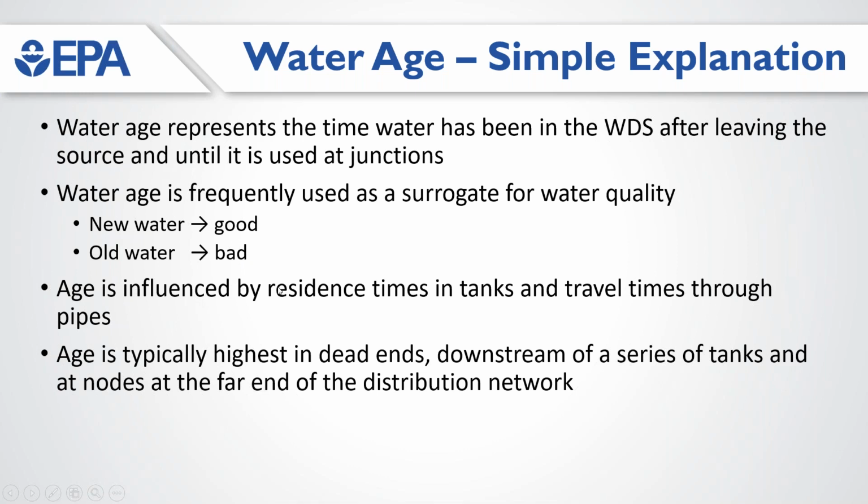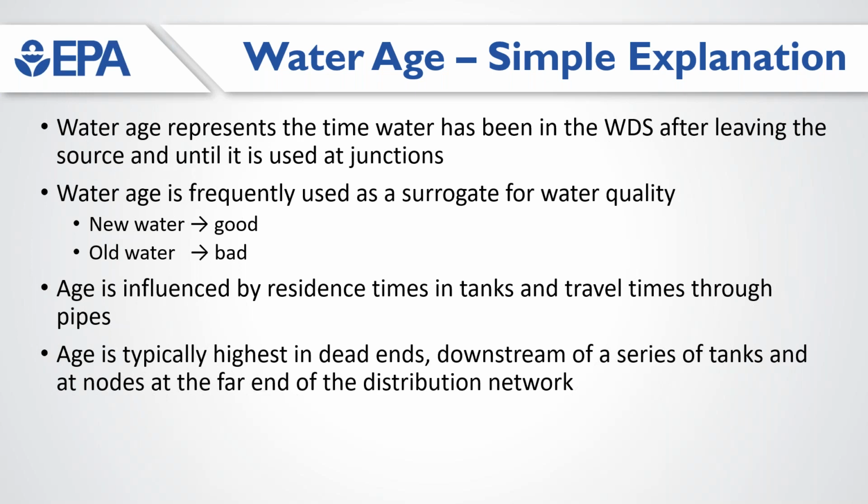Water age is influenced by residence time in tanks and travel time through the pipes. So typically, water age is high in dead ends, downstream of a tank, or at a node far away in the distribution system.